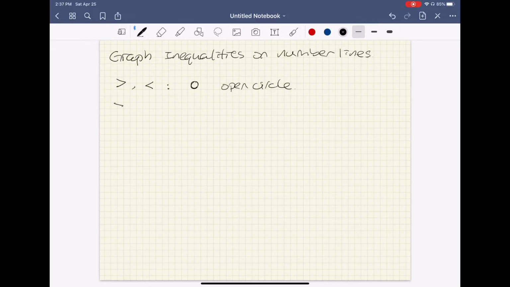If you guys get greater than or equal to or less than or equal to, then your boundary points will be closed circles.